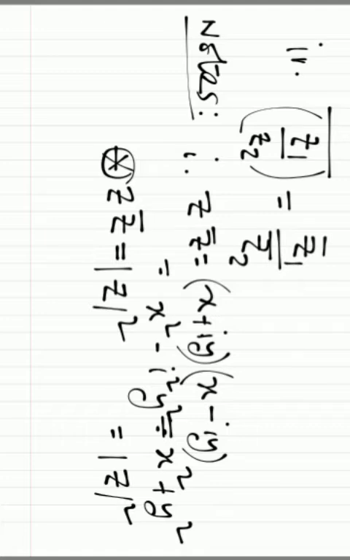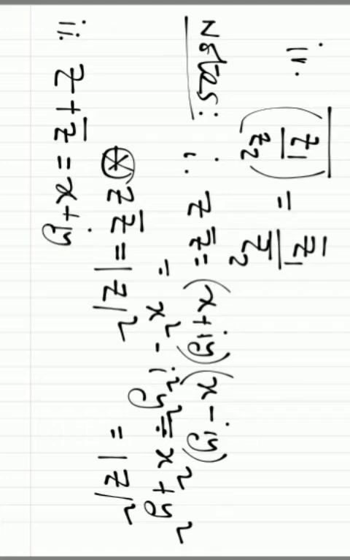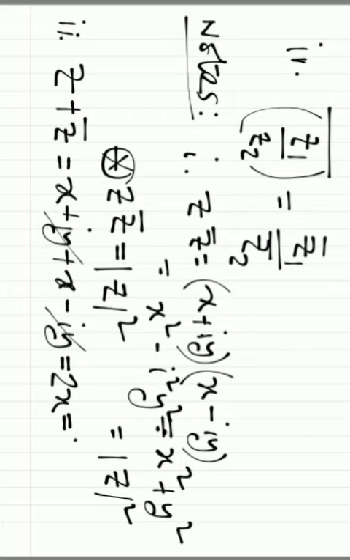Okay, number 2, you see, if you take the sum z plus z bar, you will get x plus iy plus x minus iy. So iy will cancel out, and you will get 2x. That also can be written as 2 times the real part of z. So it's an important formula that z plus z bar is equal to 2 Re z.